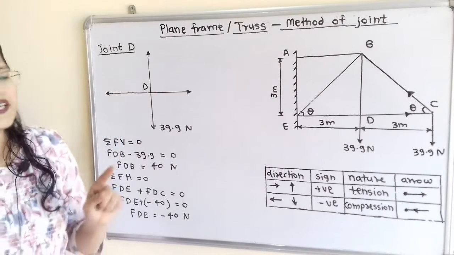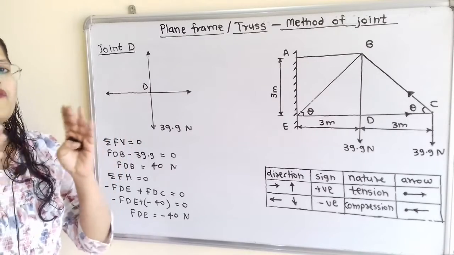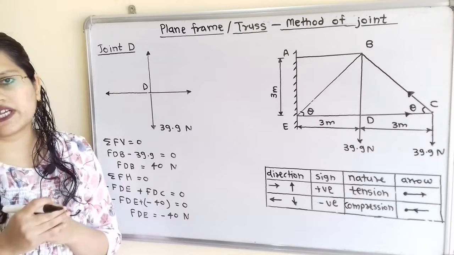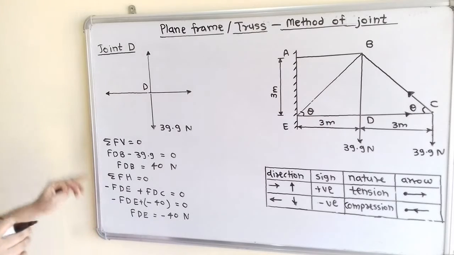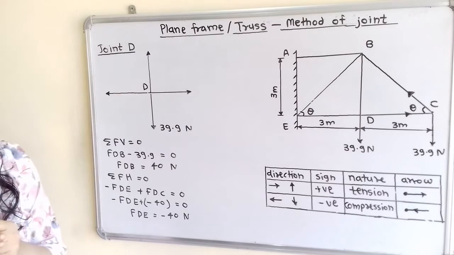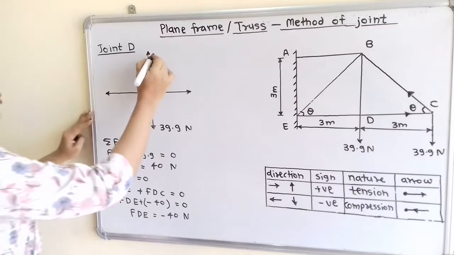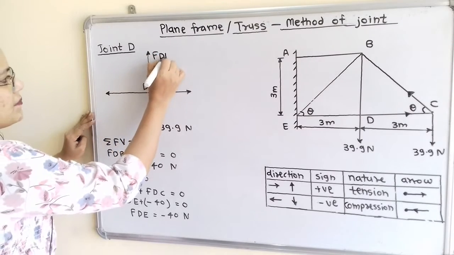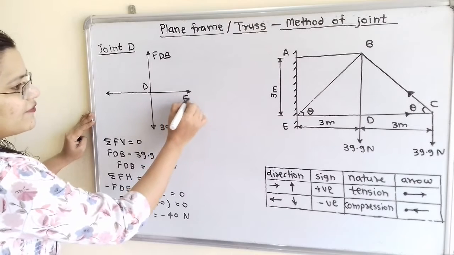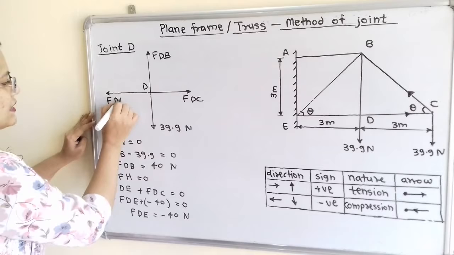Now we will consider the equilibrium of this diagram, and we will take summation of all horizontal forces equal to 0 and all vertical forces equal to 0. When we take summation of all vertical forces equal to 0, this member has force FDB, this member has force FDC, and this member has force FDE.